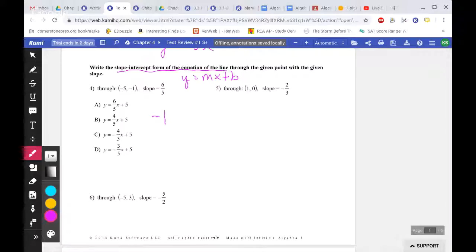Plug in the point, 1, -1, in for y, because that's your y coordinate. Then you plug in the slope, which is 6/5. And then you plug in your x.